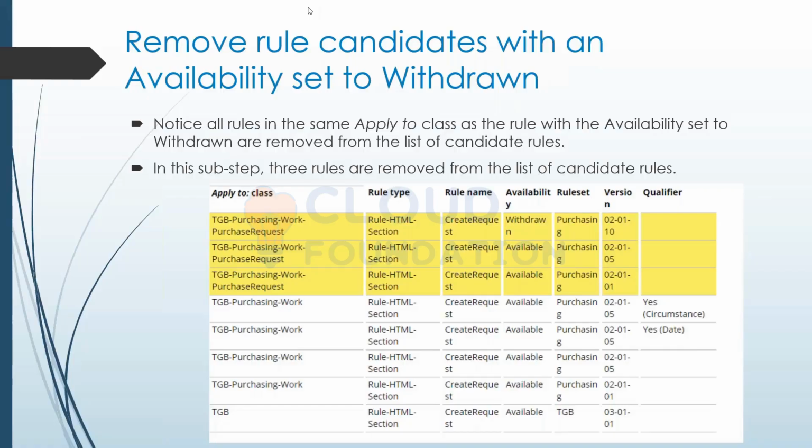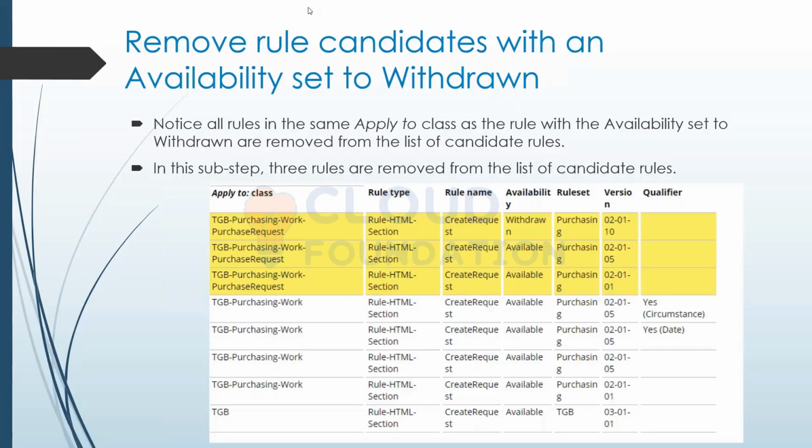When you're changing the version, they will definitely be impacted. If you decide that you no longer want to use the rule, and that's the purpose you have withdrawn, the system will discard those rules when you're dealing with this process of skimming and all.